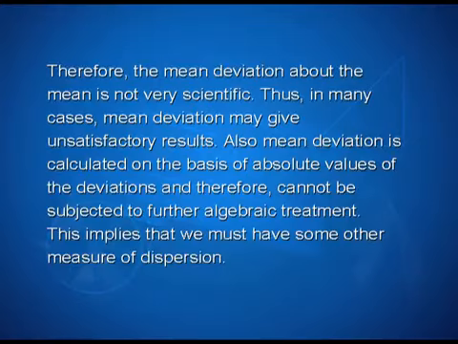Therefore, the mean deviation about the mean is not very scientific. Thus, in many cases, mean deviation may give unsatisfactory results. Also, mean deviation is calculated on the basis of absolute values of the deviations and therefore cannot be subjected to further algebraic treatment. This implies that we must have some other measures of dispersion.